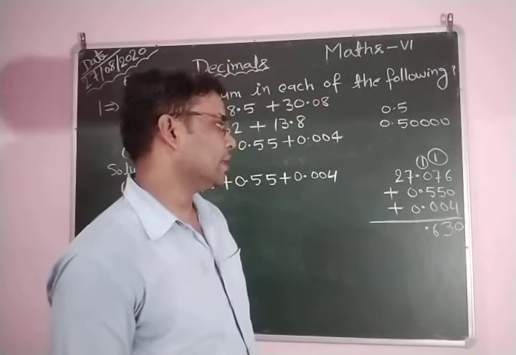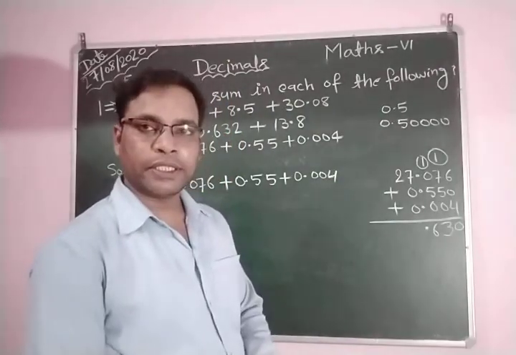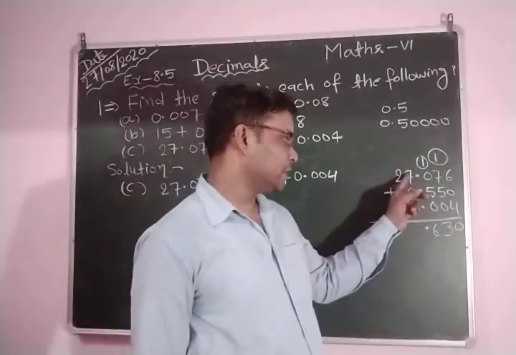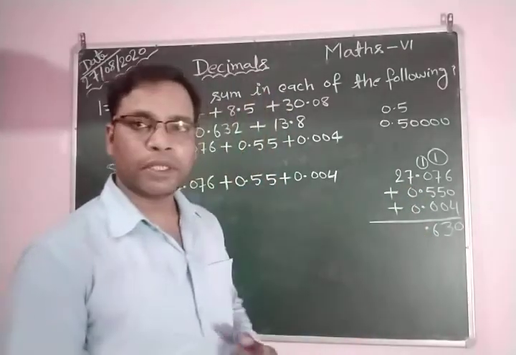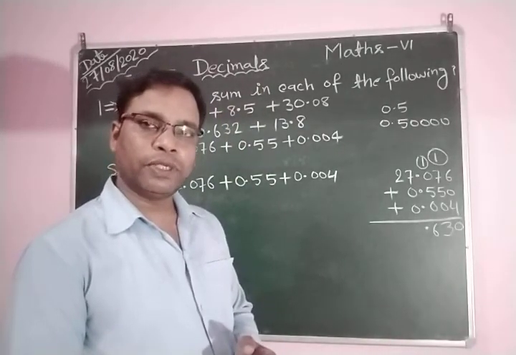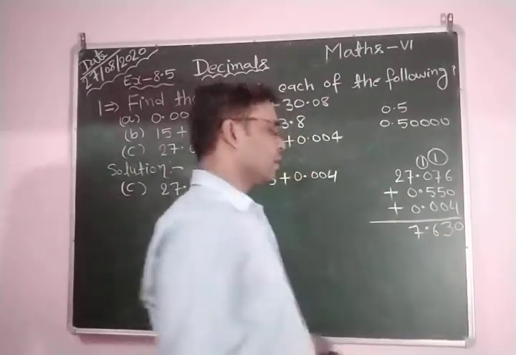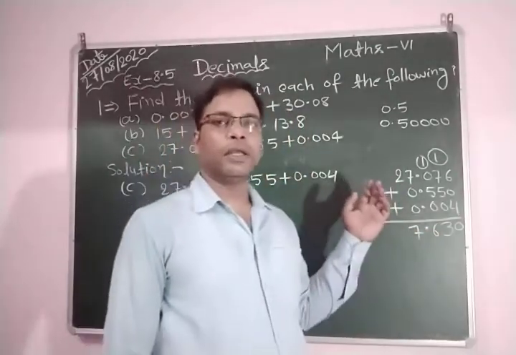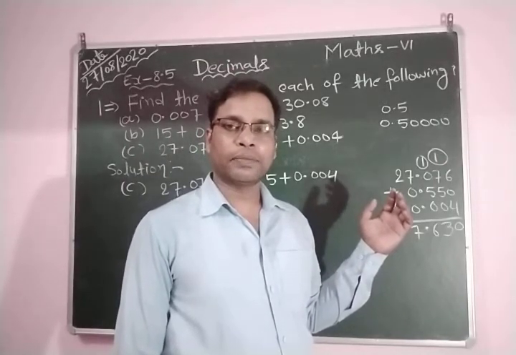Okay. And now we are going to sum the ones place digit. So here you can say the ones place digit is 7. Here 0, here again 0. So 7 plus 0 is 7, and 7 plus 0 is again 7. So we write here 7. Okay. And now we add the tens place digits.